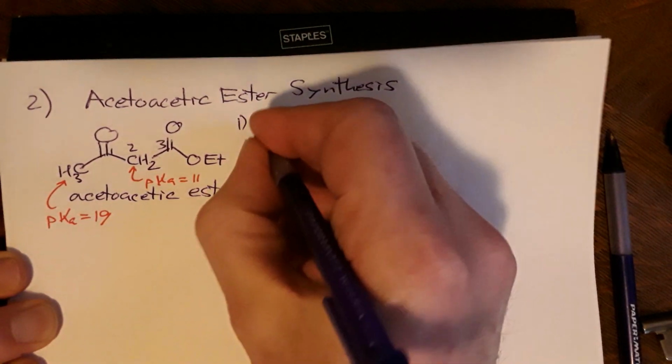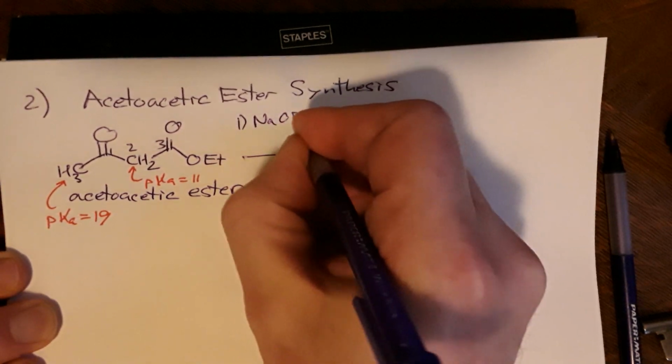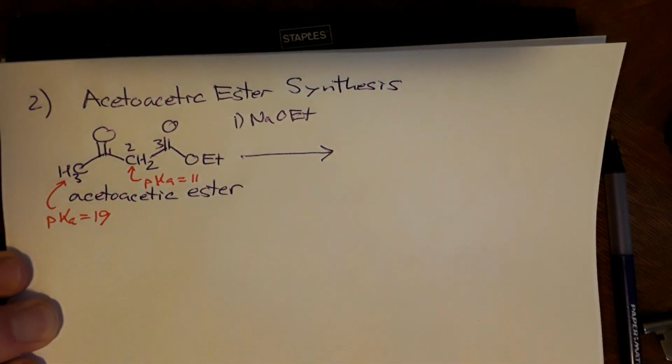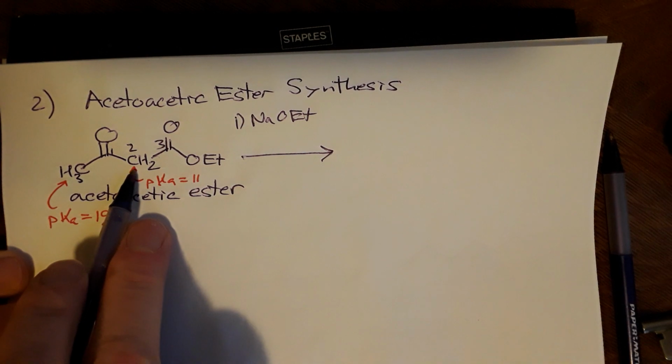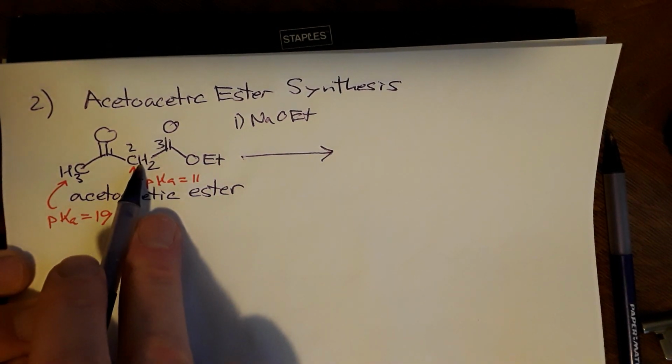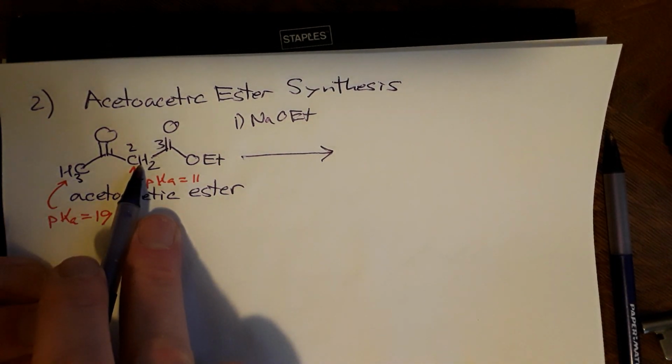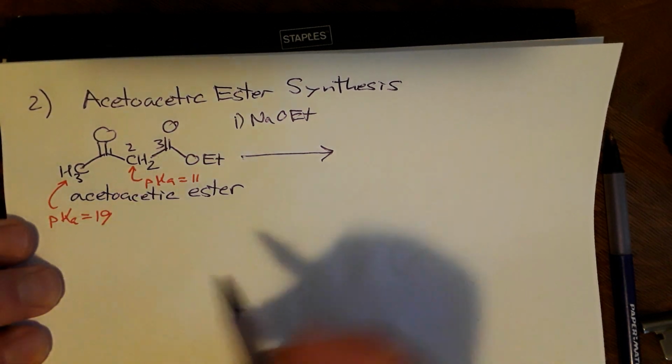So we add 1 mole of sodium ethoxide, and that deprotonates here. Then we can add whatever alkyl group we want as long as it's methyl or it is primary.